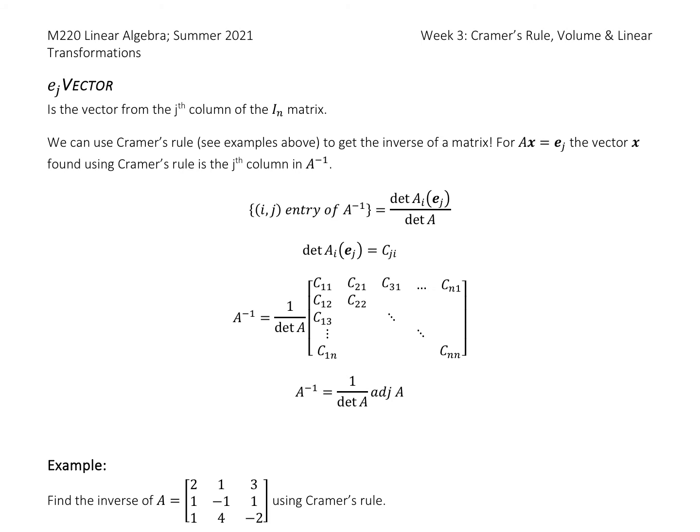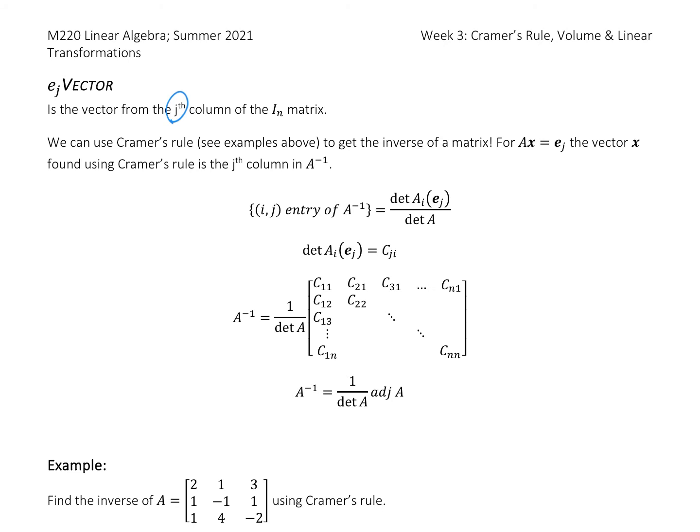Okay. So some more definitions of vectors. The e_j vector is just the jth column of the identity matrix that matches the size of A. That's it. All it is. So we're going to use this to find our inverses.